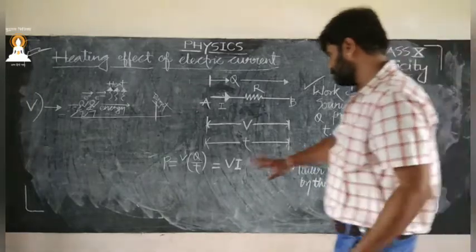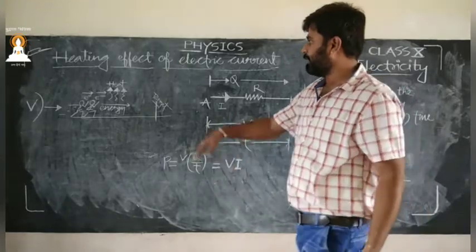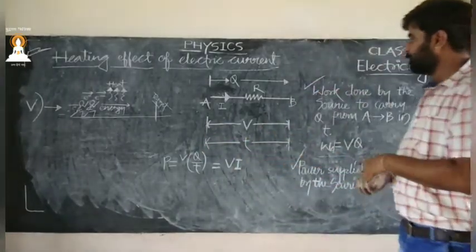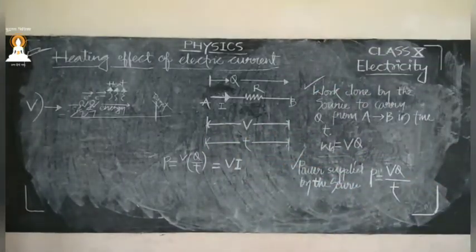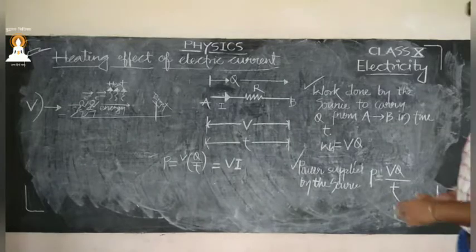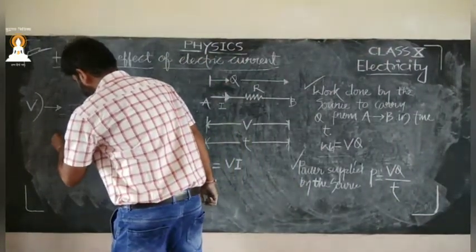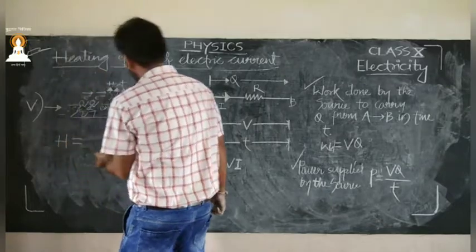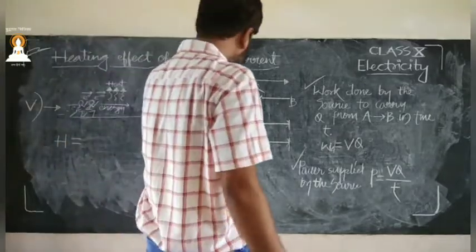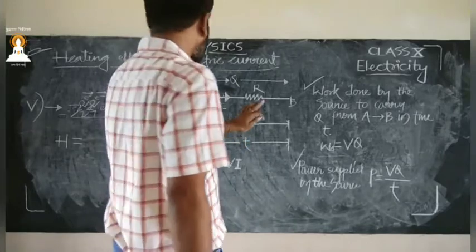Now, so this was the power. Now heat supplied is nothing but energy. What they are asking is the energy supplied to the circuit by the source in a time t.